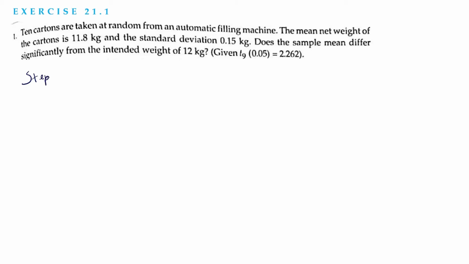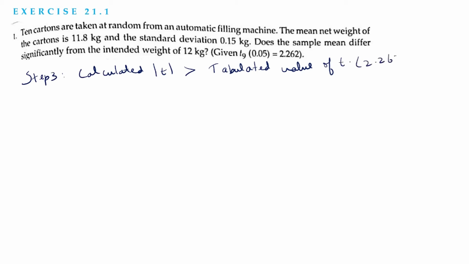So the step 3, calculated mod t is greater than the tabulated t value. Tabulated value of t is nothing but 2.262.